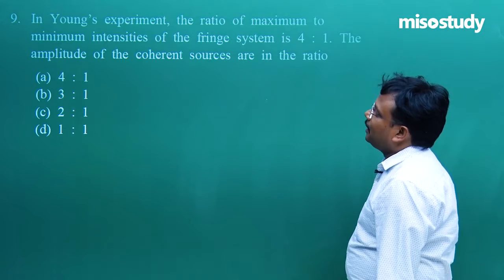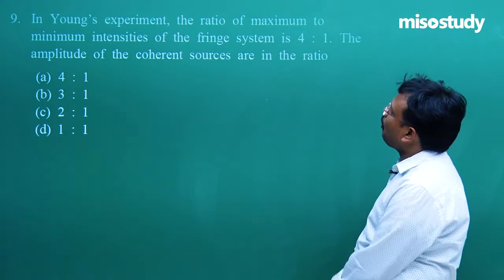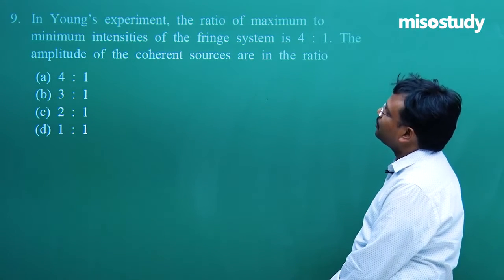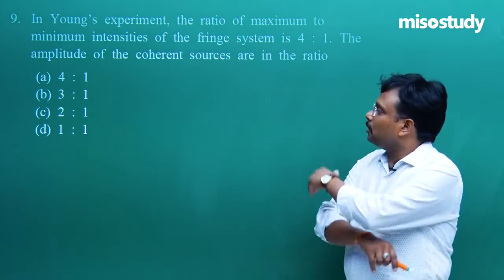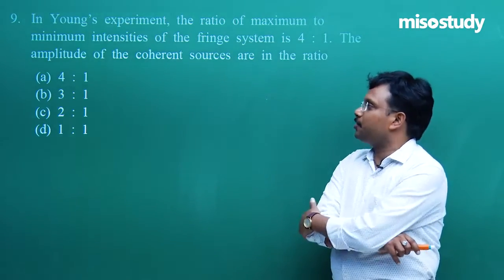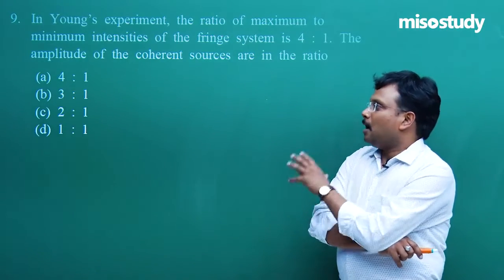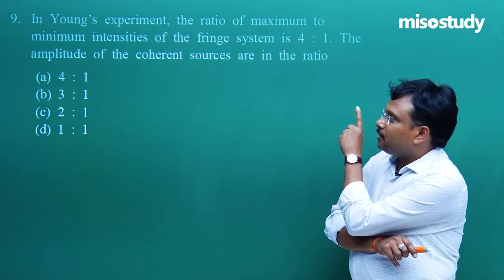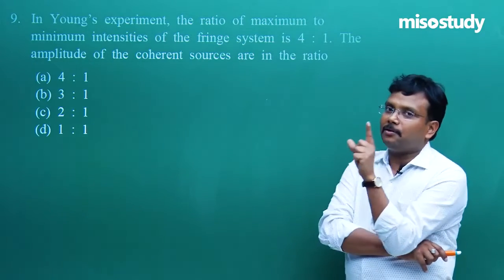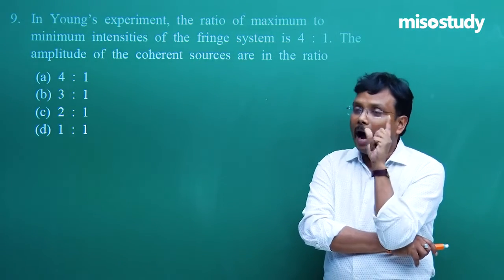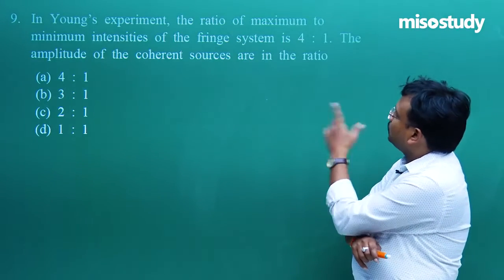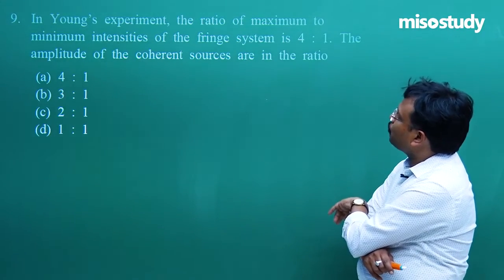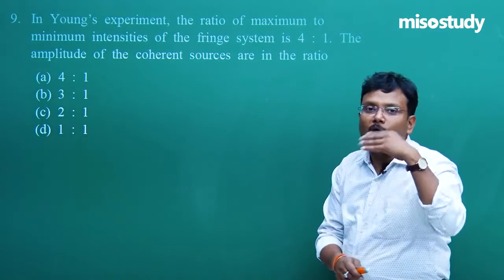Then once again Young's experiment: the ratio of maximum to minimum intensities of the fringe system is 4:1. Why do I want to use this question again? The reason is simple. I want to emphasize that Young's double slit experiment, its concept and formula, is very important. The amplitude of the coherent sources are in the ratio of how much?